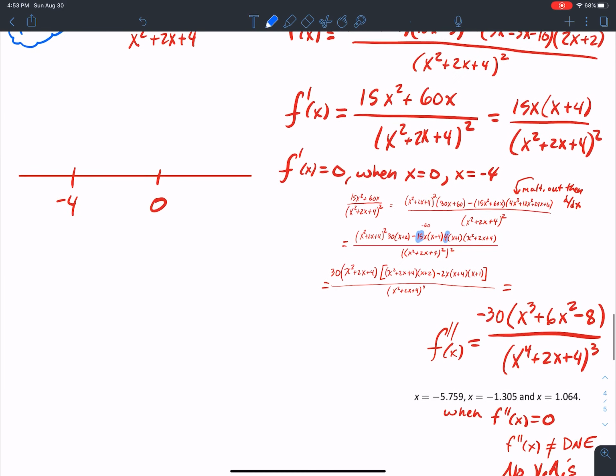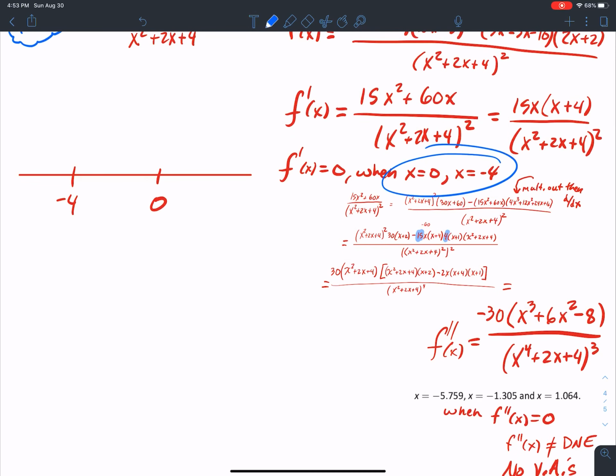I want to use the critical values I found for the first derivative to write out my subintervals. It looks like 3 subintervals for this first one. Here and here is where the derivative was 0, so I want to pick points in between. I just pick -5, -2, and 1.